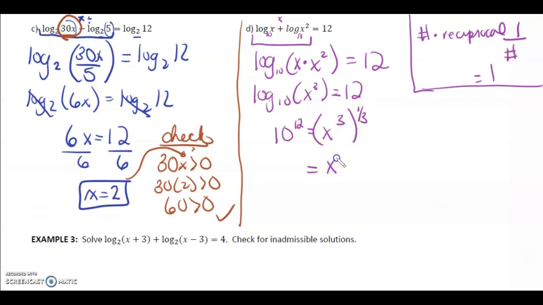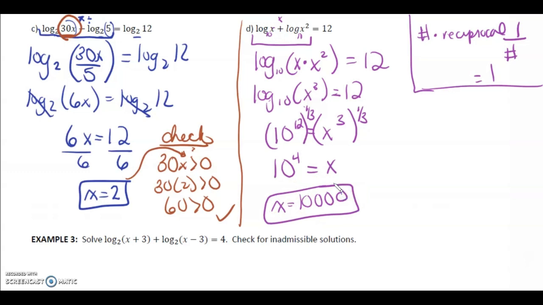Therefore we have x to the 1, or x, equals, and this side we also raise to the 1/3. This is easy: 12 times 1/3, by exponent laws, is 4. So x is going to equal 10,000. I'm going to check this on my calculator. Yeah.